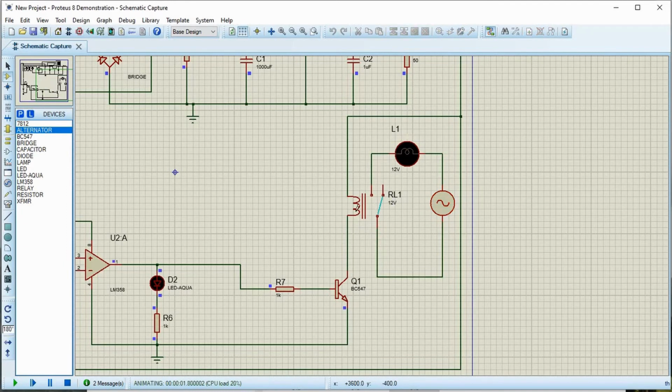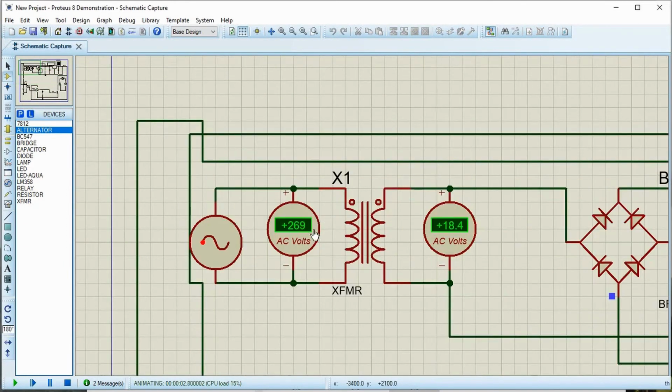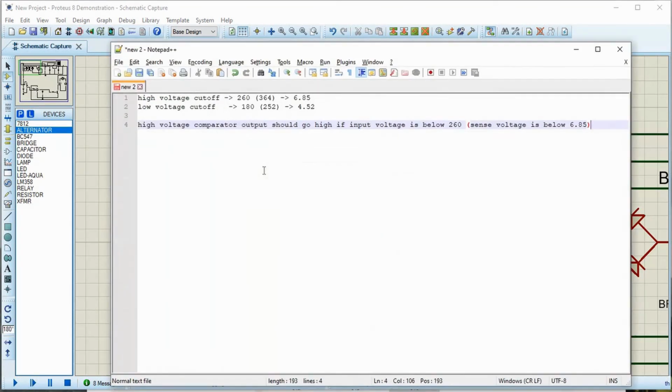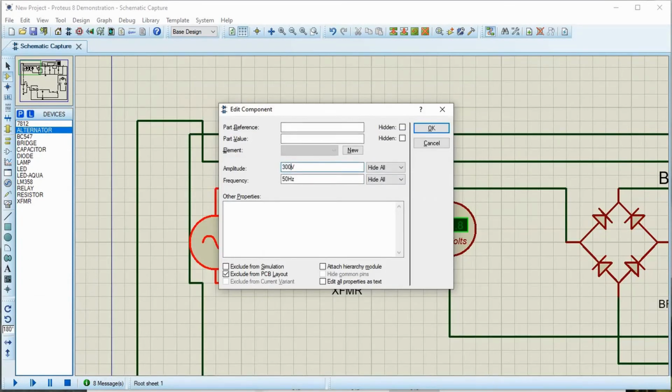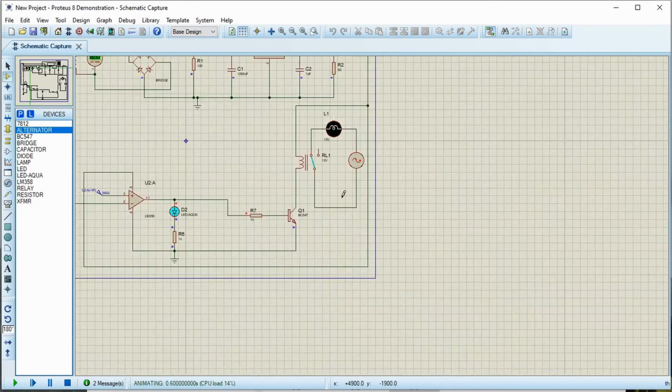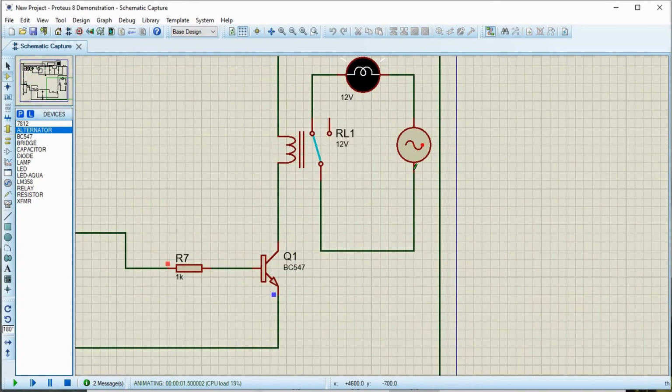So right now your appliance is off because your voltage is higher than your set value, that is 260. So if I reduce this to anything less than 260, let me put it to 300 volts peak, your relay will turn on and your appliance will work.